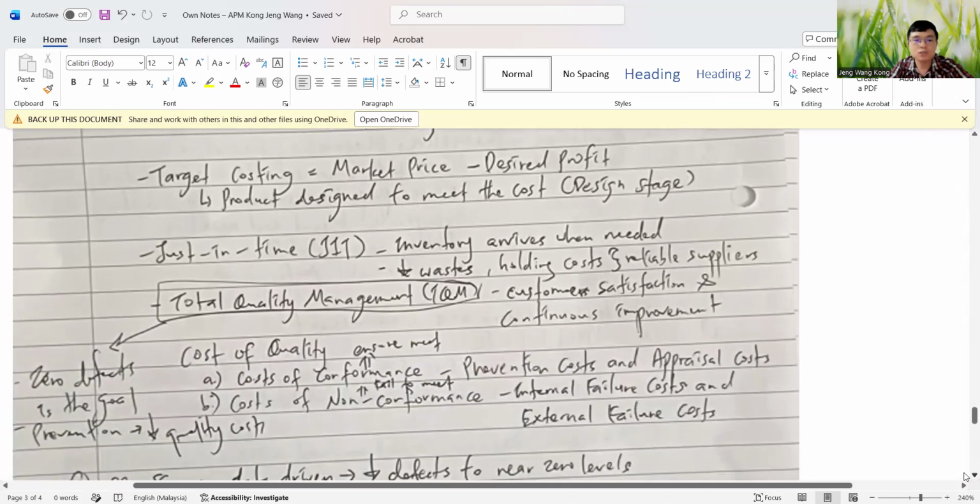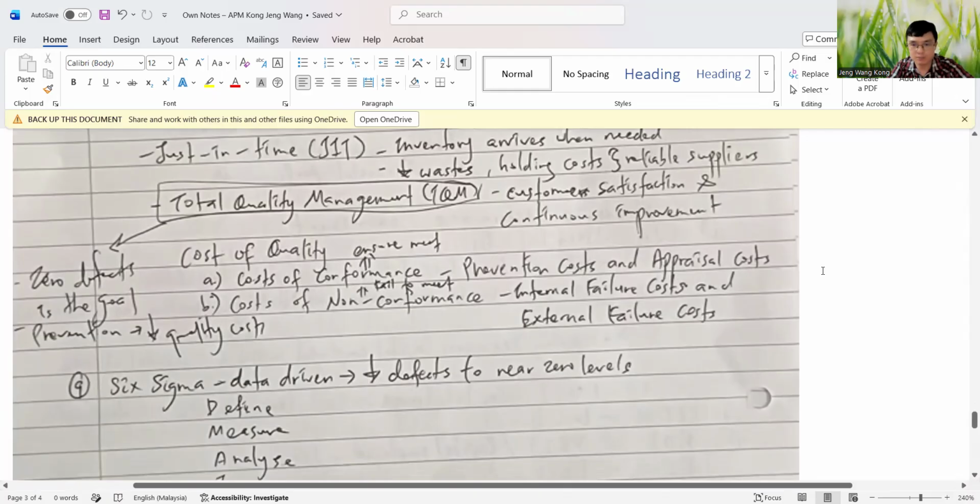Then we have total quality management. This is for customer satisfaction and continuous improvement. In the end, zero defects is the goal.